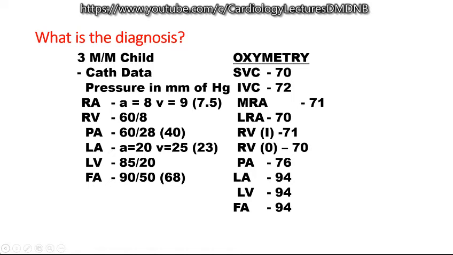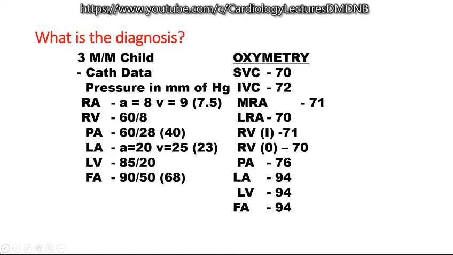Yes, sir. Along with the PV saturation also, sir. Yeah, reduced. If there is a reason for development of interstitial pulmonary edema, or if there is some elevation of the left atrial pressure, where the pulmonary venous pressure is elevated and there is a possibility of pulmonary edema, these patients can have an oxygen saturation less than normal.